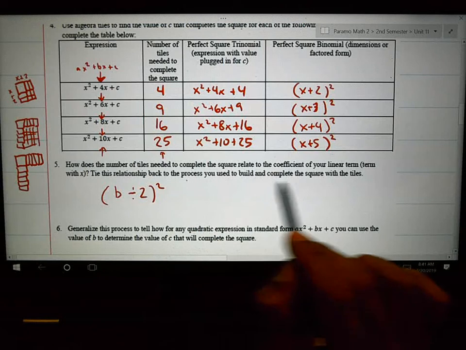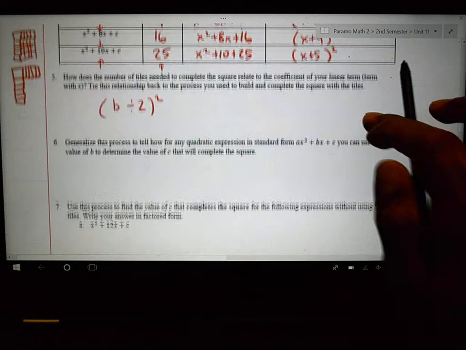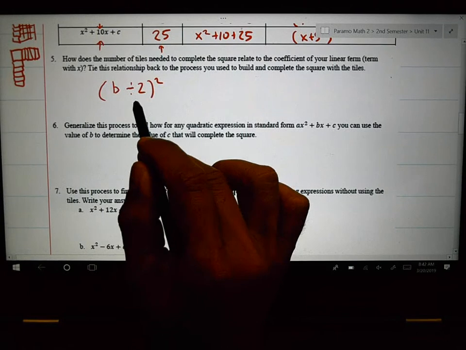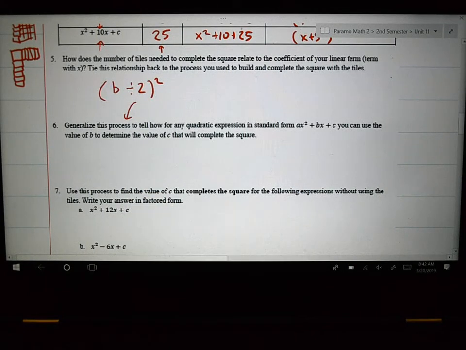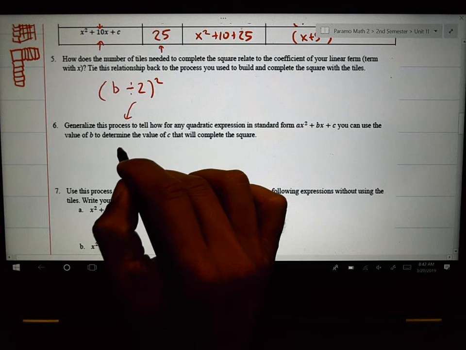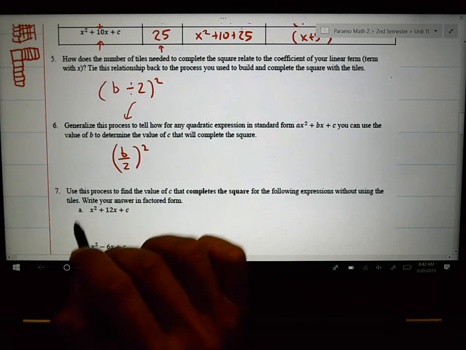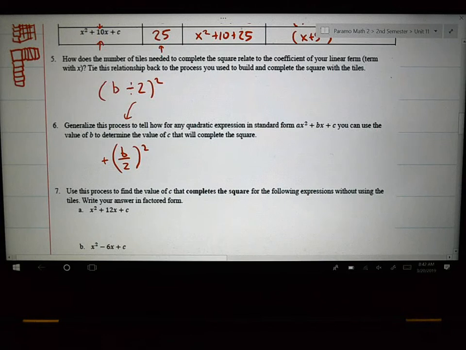That's what we're doing with these things. That's how we complete the square. And as a matter of fact, that's what this number 6 is asking. How could you do this in terms of b? Well, let's simplify it by saying we add b over 2 squared.